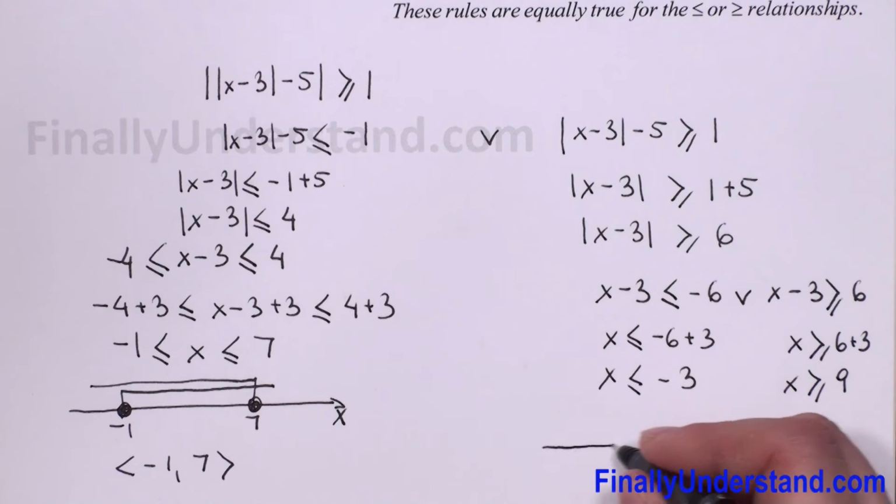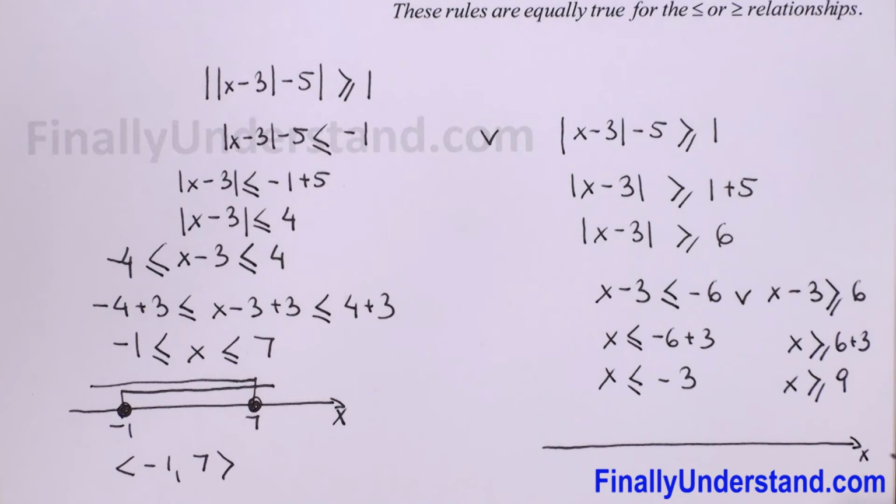Now we have to draw the number line. We have the values negative 3 and 9. And because we have the sign x is less than or equal to, it means negative 3 is included, and we are going to values less, it means to the left side of negative 3.